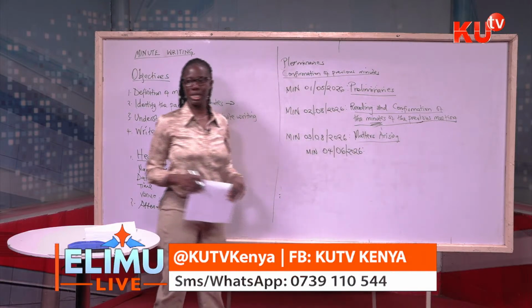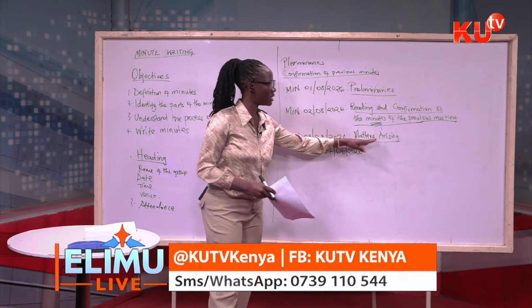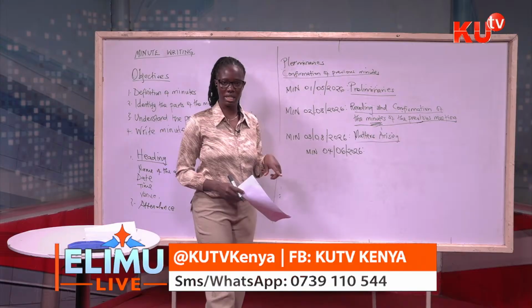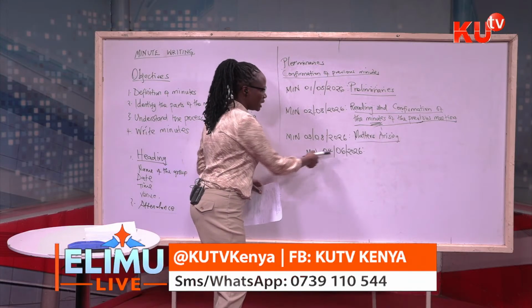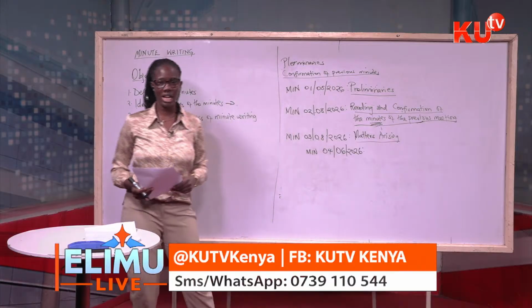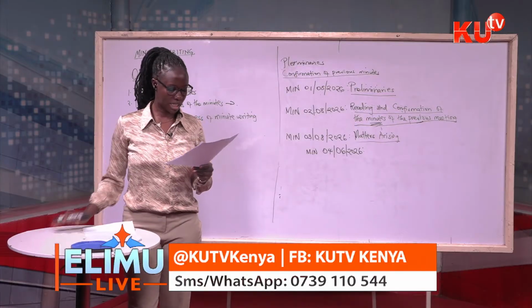So the minute number is going to change. This is matters arising from the previous meeting. Because this meeting had taken place, this was the minute number of that minute in our previous meeting.